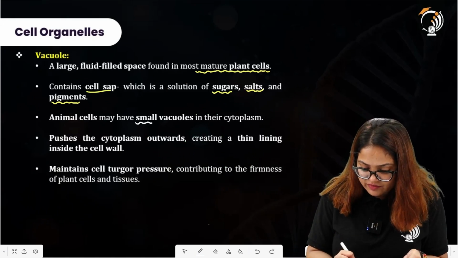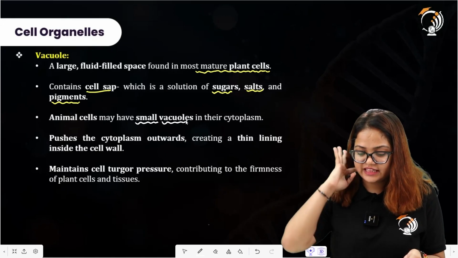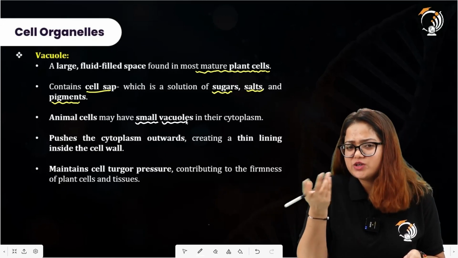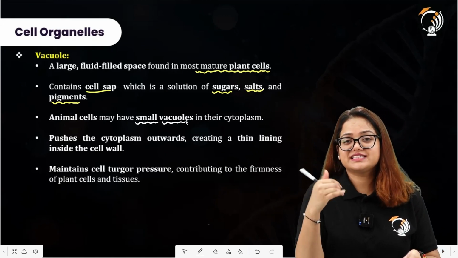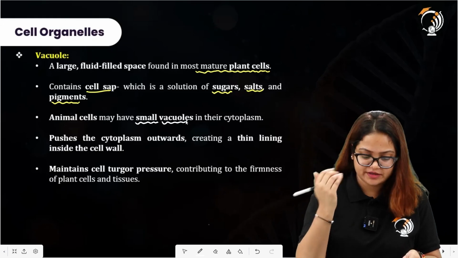Animal cells may have small vacuoles in their cytoplasm, or they might not have the vacuole, so they will synthesize them whenever they require it.